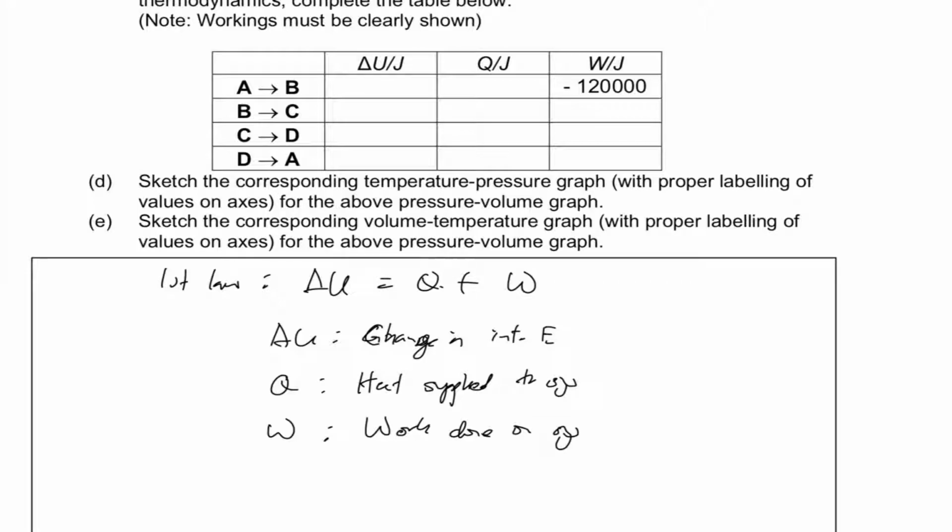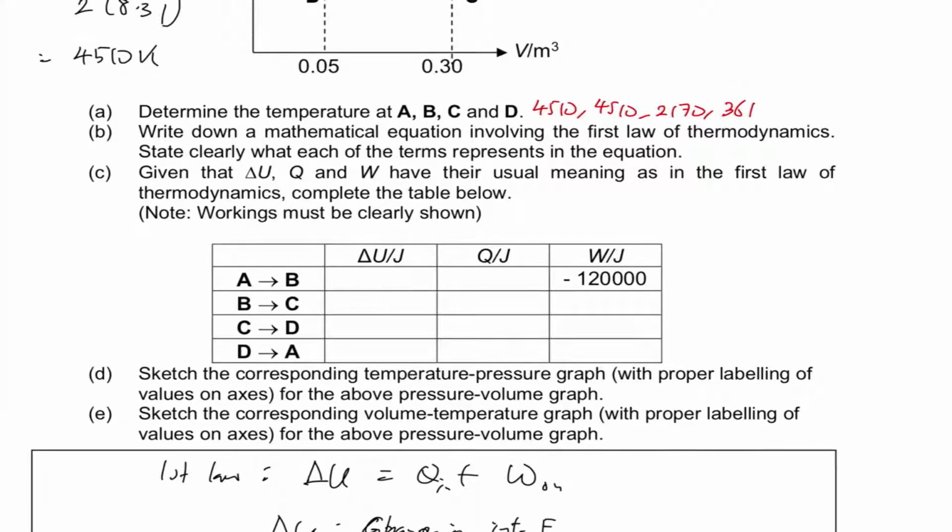If you want to, you can write it as Q in and W on, so that's clearer for you. Okay, so this is part B.